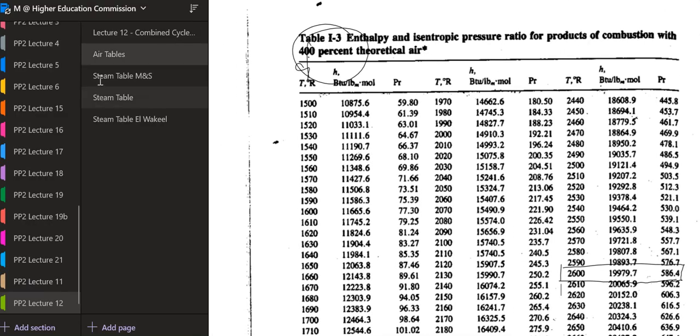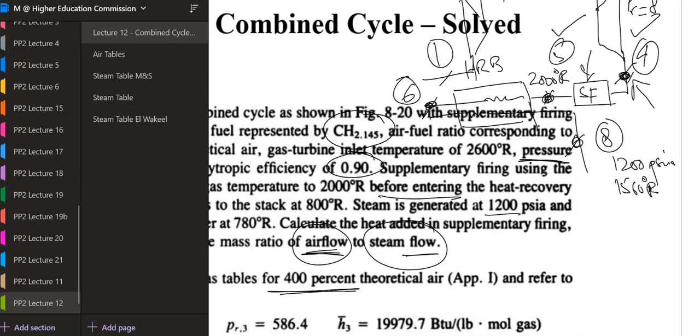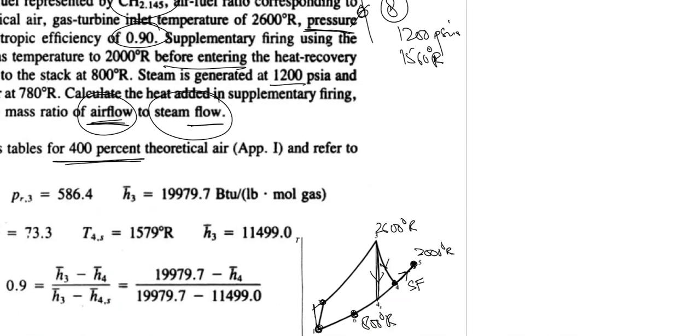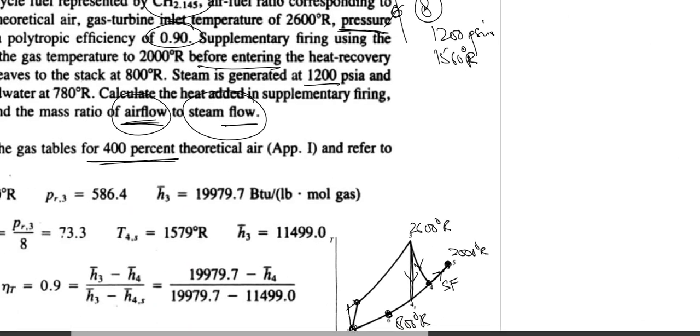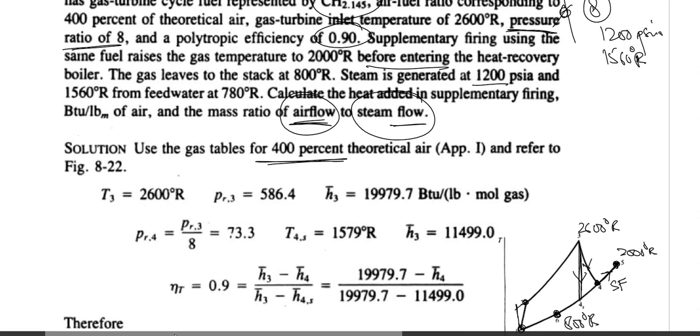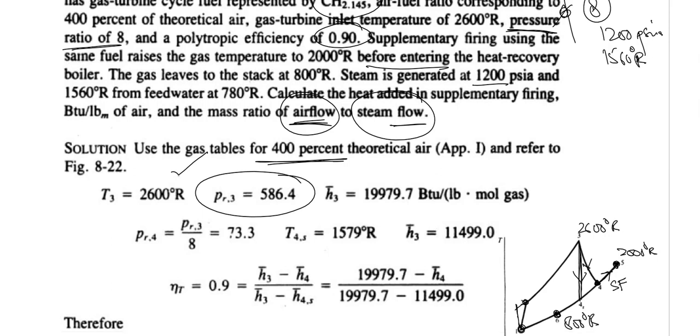Writing it down, at temperature 2600 degrees Rankine, I can find PR at 3, which is 586.4, and the enthalpy, which is over here.